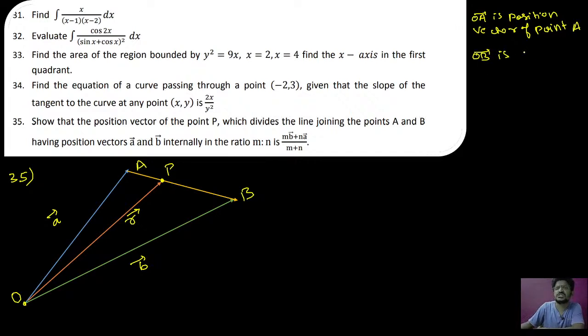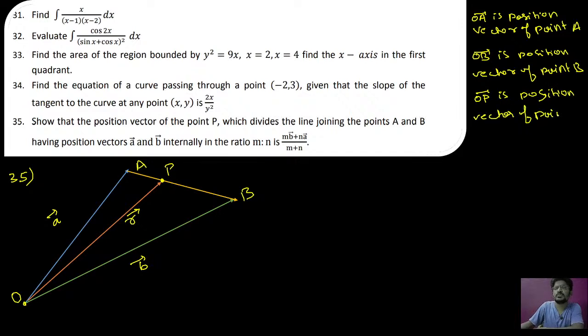Vector OB is the position vector of point B. And vector OP is the position vector of point P. Okay, you have to write everything. That is, vector OA equals vector A, vector OB equals vector B, vector OP equals vector R.